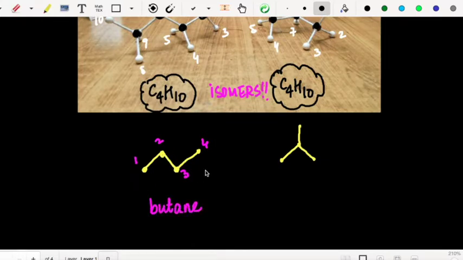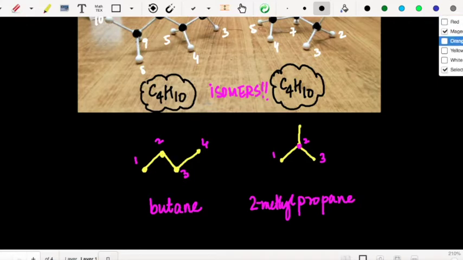It's an alkane. The molecule on my right has a word root of prop, since there are 3 carbon atoms, so this is basically a propane with a methyl group attached at the second position, so this is 2-methyl propane. So clearly these two molecules even have different IUPAC names, right?